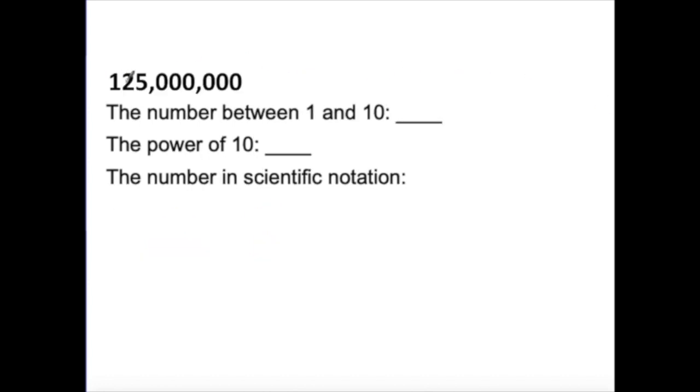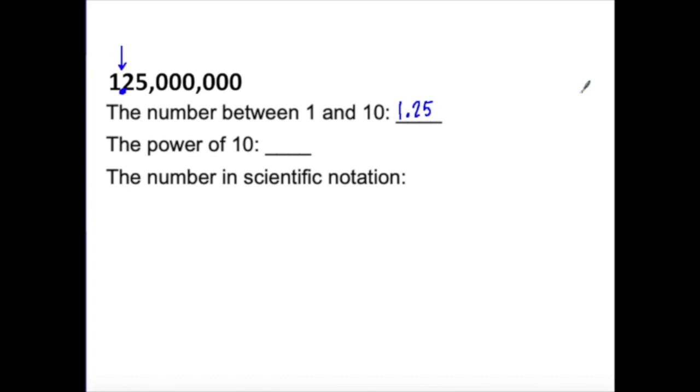So I have 125 million. So I want to look at this and I need to think, what is the number between 1 and 10? So I need to find this number, and it would happen if I put my decimal right here. So that would give me 1.25, would be the smallest number that I can make that is between 1 and 10.